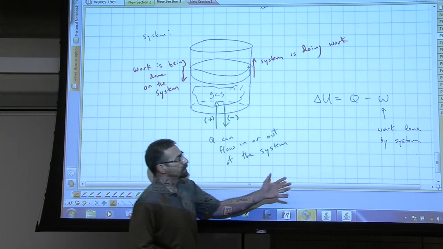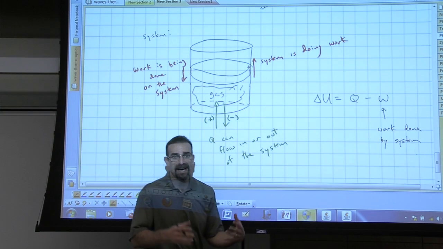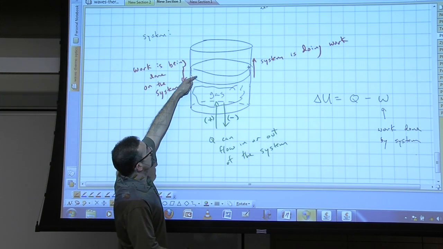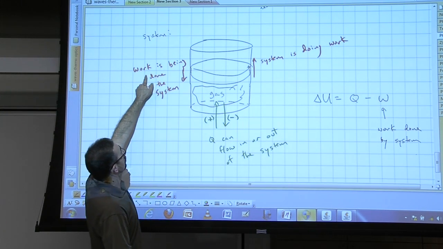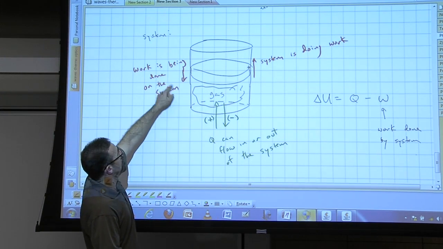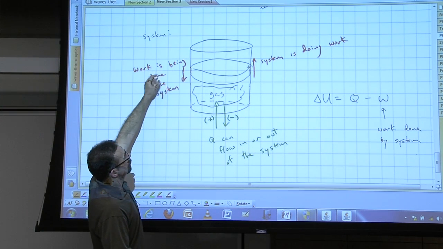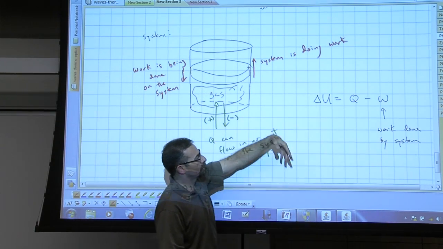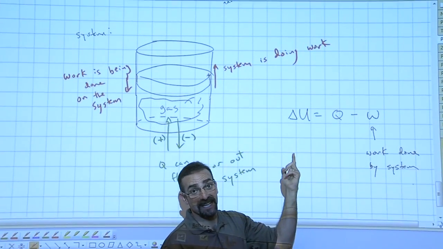Some books like to use the work done on the system, the work done by the environment on the system. So in that case, if we push the piston down, then the environment is doing work on the gas. And so if we do work on the gas, then the gas's energy is going to increase, right?